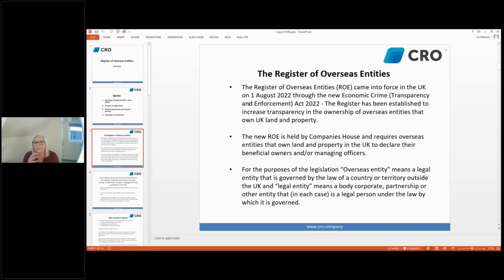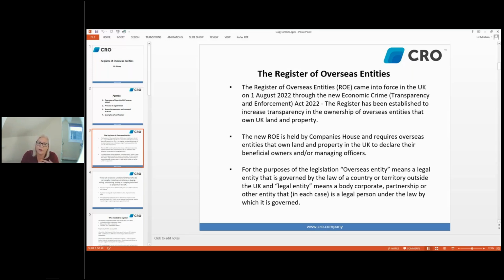So Companies House is just where the register is held, but all the information comes from the Land Registry. But any notifications that are sent out are usually sent out by Companies House as well. So the register was to establish who owned these overseas entities, and to declare that on the register at Companies House.